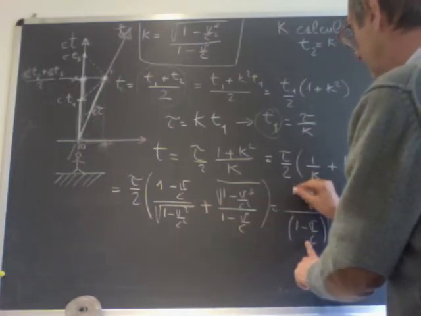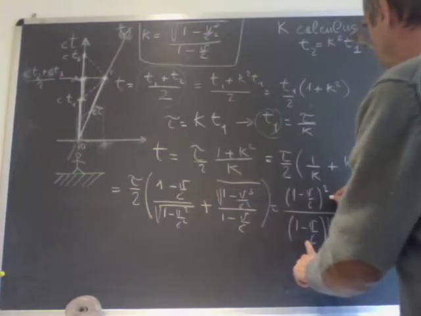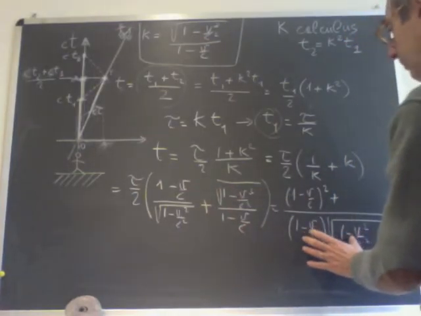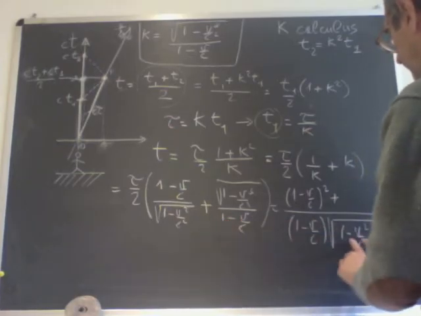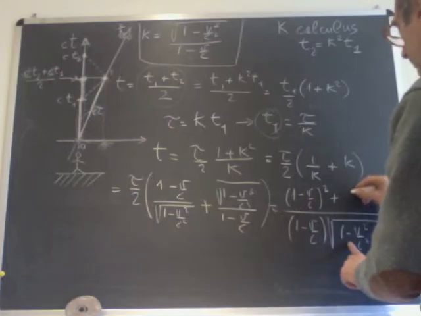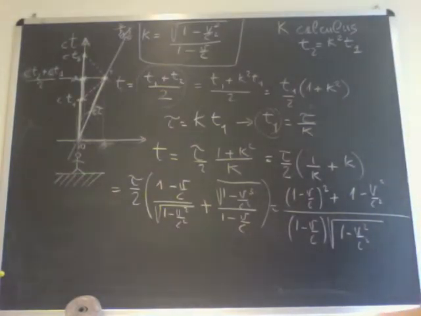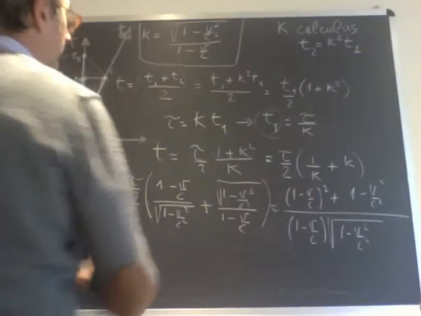The result is 1 minus v over c squared plus, in the numerator, the square root multiplied by the square root, so the square root goes away and it is plus 1 minus v squared over c squared.